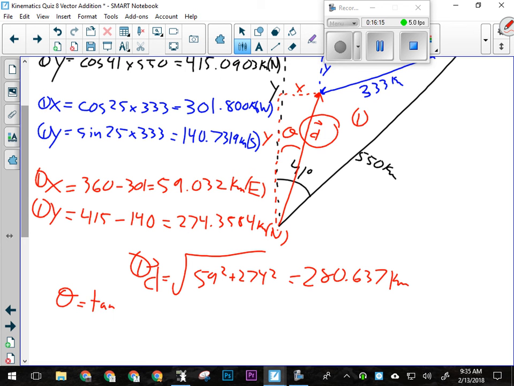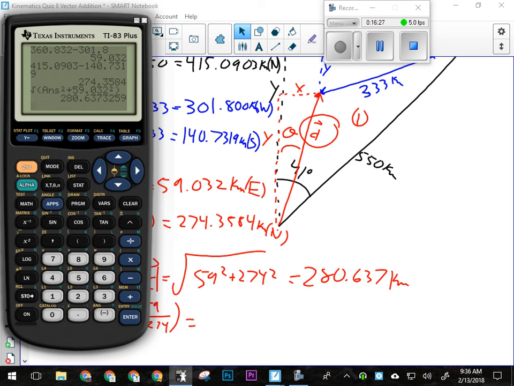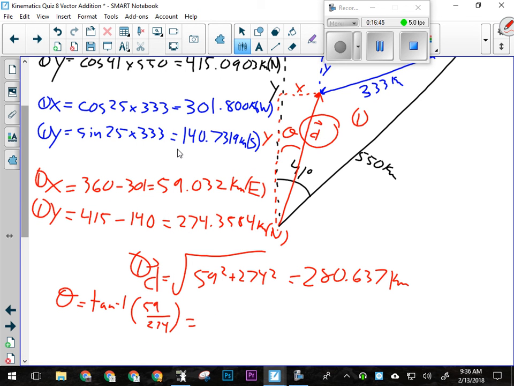So that's going to be tan to the minus 1 of the opposite side, which for me was x. So that'll be 59 over 274. My angle ends up being 12.14 degrees, and it's going to be east of north. 1 mark for that, so we're up to 9.